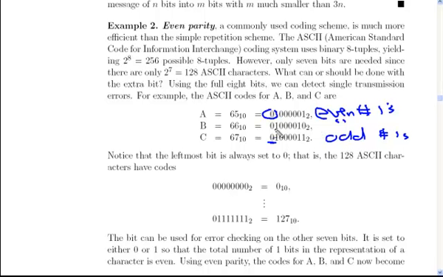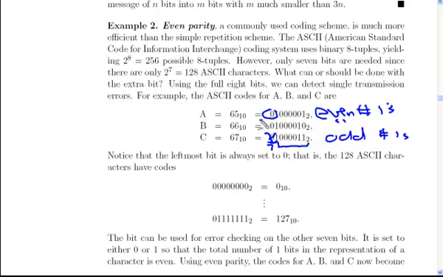For B, 66, it's the same. For C, 67, you would transmit this 0 as a 1. And that leading 1 indicates that the character that I'm transmitting has an odd number of 1s in its binary representation. So if you receive an even number of 1s in the next 7 bits, you know that there's been an error. Unfortunately, you don't know where it is, but you do know there's been an error.